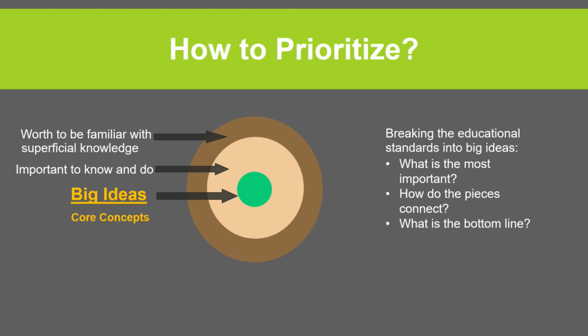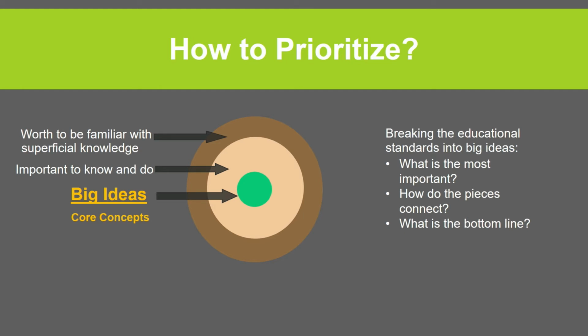So let's say I'm working with a student in food science, and so we think about, well, what is important in an introductory food science course? It might be, well, students need to understand calories and where their calories come from. So that could be important to know and do.